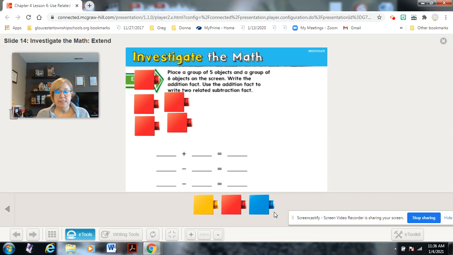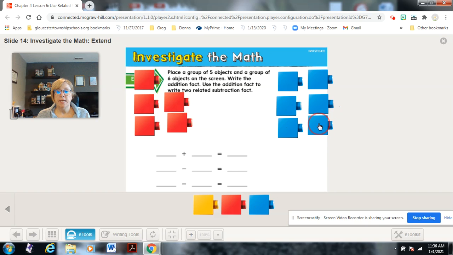And 6 objects. 1, 2, 3, 4, 5, 6. Okay, so I'll wait a moment, or you pause if you have not put your counters out for yourself.